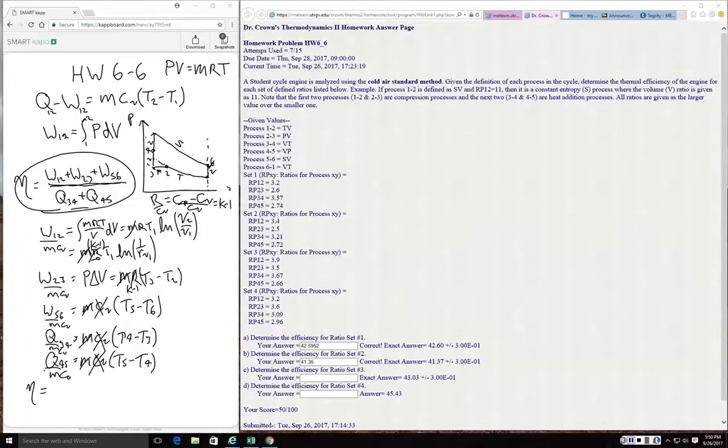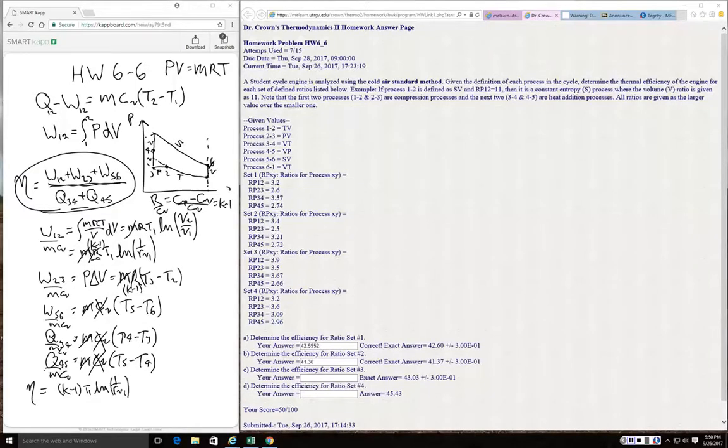So I've got no m anymore. And so my first term, 1 to 2, is actually (k minus 1) T1. Let's put that first. So (k minus 1) T1 natural log of 1 over rv1.